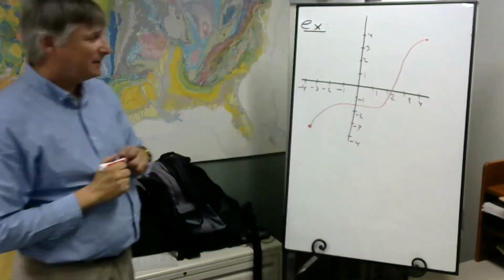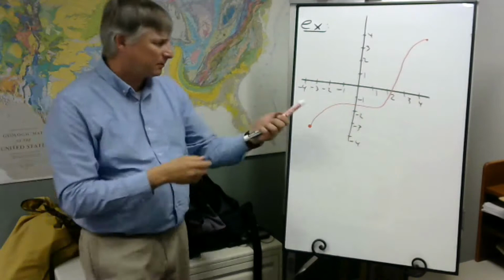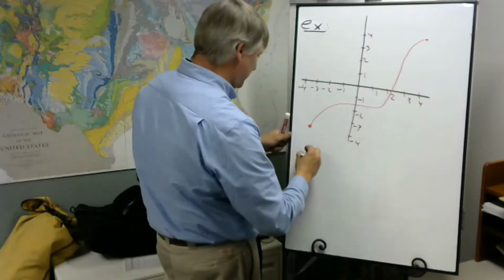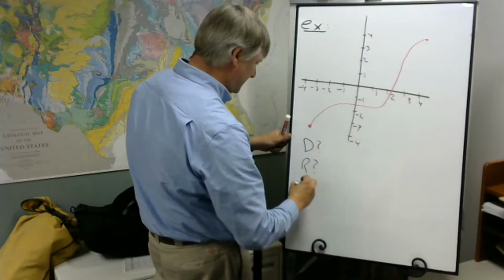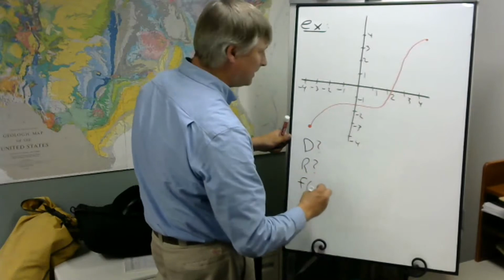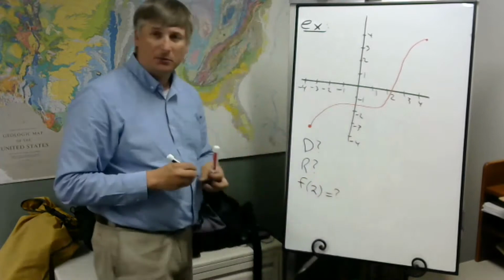Let's say you have something like this. And you're asked several things. What's the domain? And what's the range? And then let's find f of 2. What's f of 2?